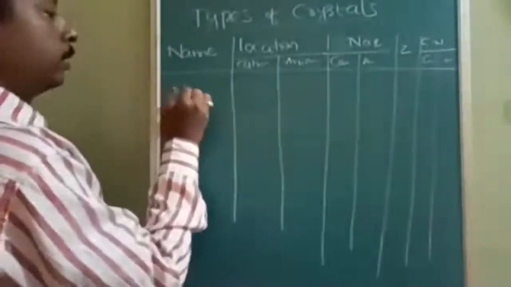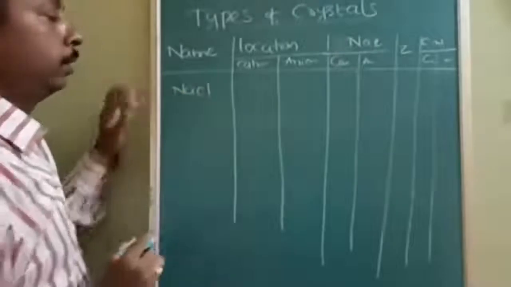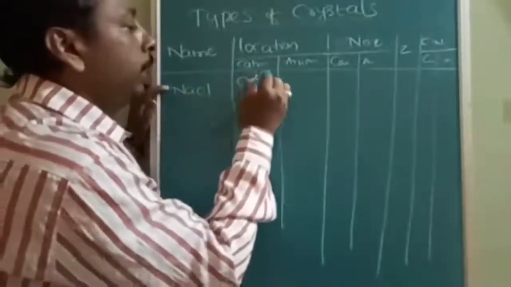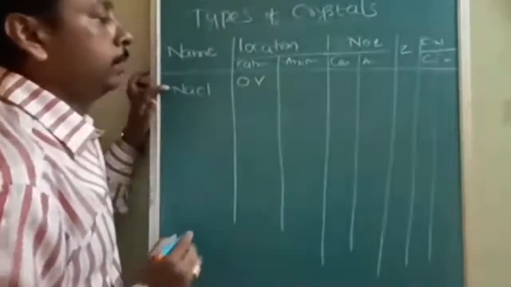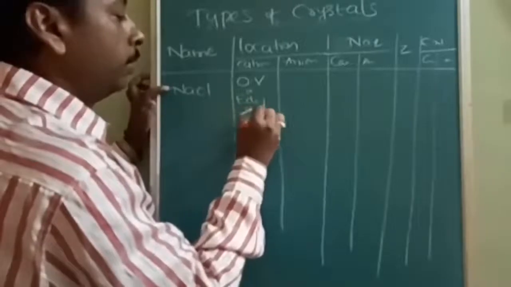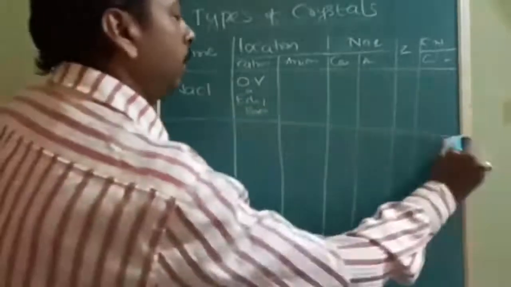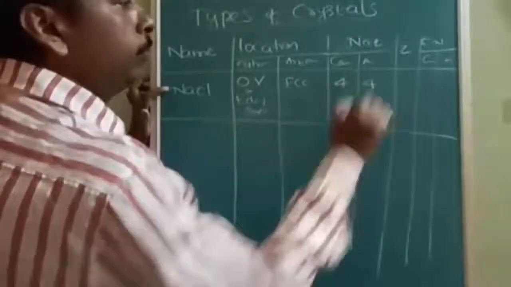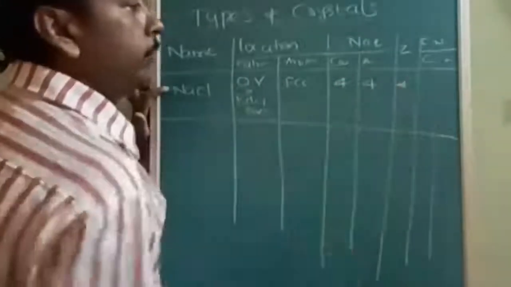Let us take the first example: NaCl. In NaCl, the cation is sodium, so you can write octahedral voids, otherwise edge centers and body center. Then anions, FCC lattice. Number of both will be 4 and 4. Z also will be 4.